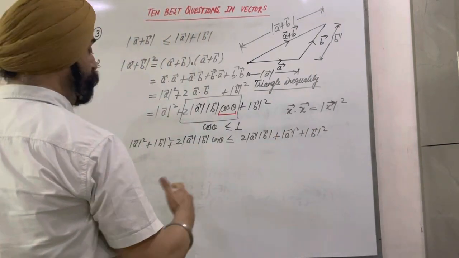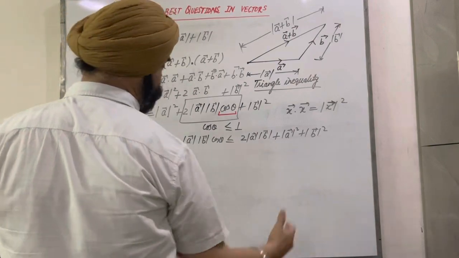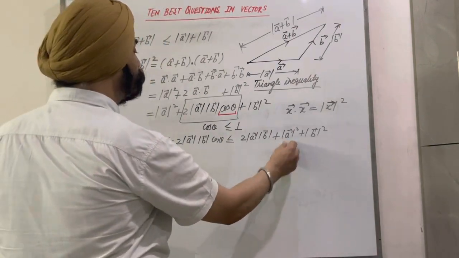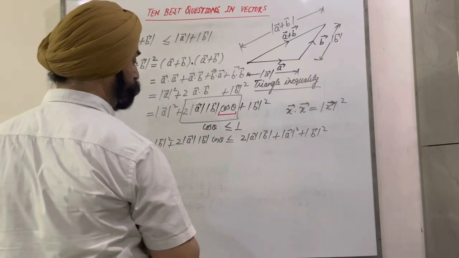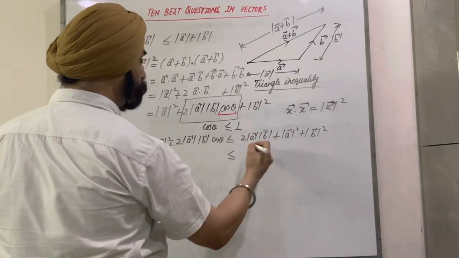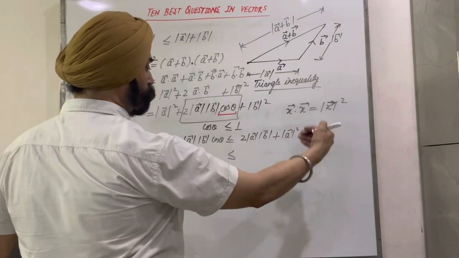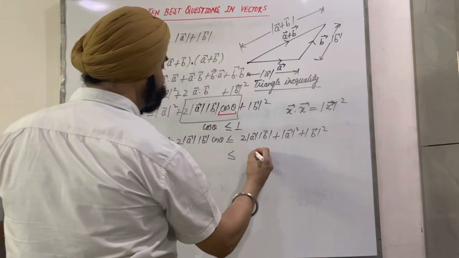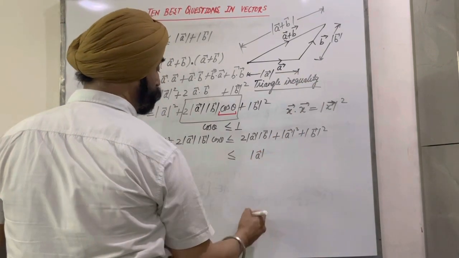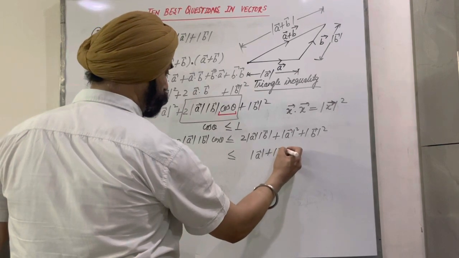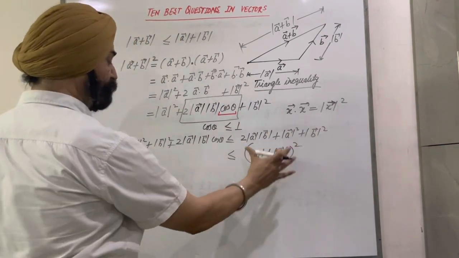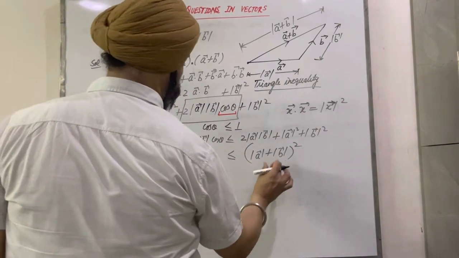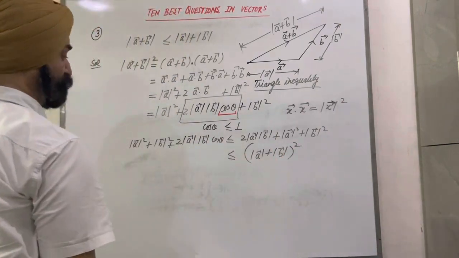So if we now look at the right hand side, this is like magnitude of vector A square plus magnitude of vector B square plus 2 times of magnitude of vector A and magnitude of vector B. If you watch it carefully, this is something like A square plus B square plus 2AB. This is basically the expansion of magnitude of vector A plus magnitude of vector B whole square.